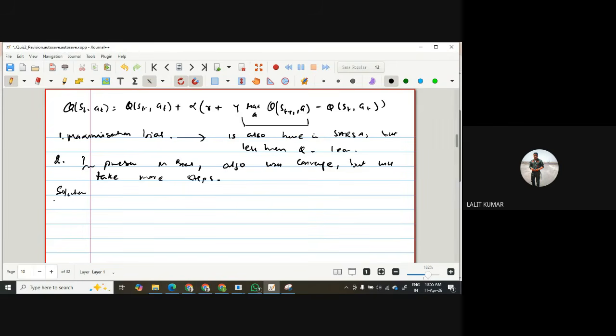Now what is the solution? The solution is that we keep two values of Q, Q1 and Q2. When we are updating, we update with probability 0.5. We update Q1 = Q1 + alpha into [R + gamma Q2(St+1, argmax over A of Q1(St+1, A)) - Q1(St, At)].